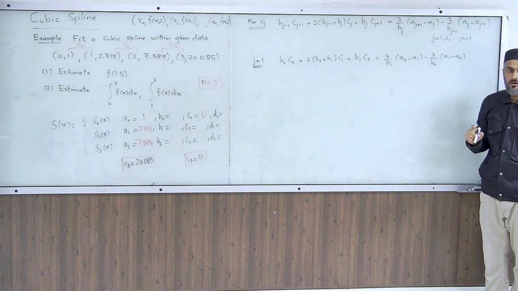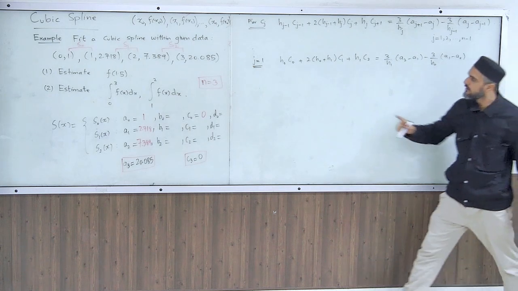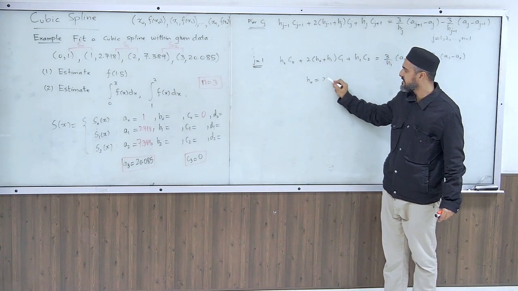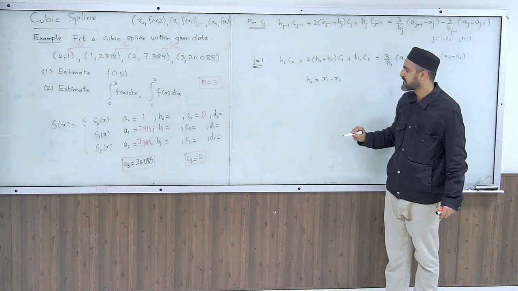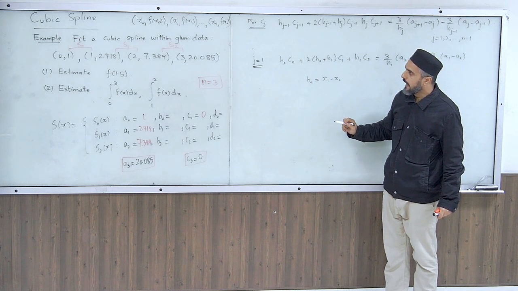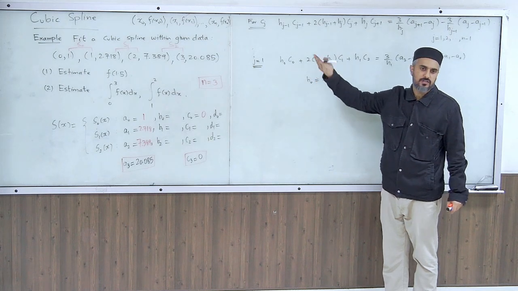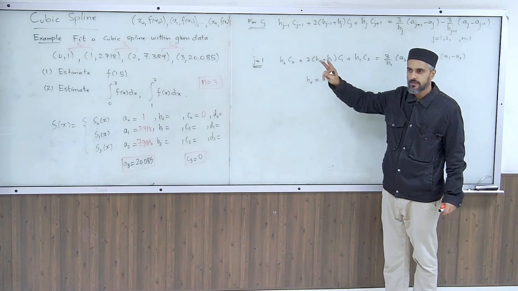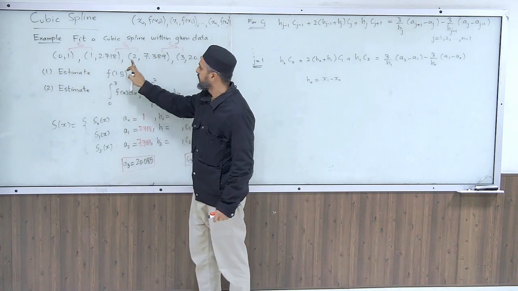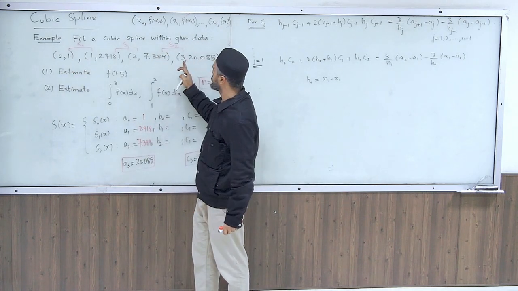Now, what is the value of h0? h0 is x1 minus x0, so h0 is the difference between the first 2 points, which is 1 minus 0. h1 is 2 minus 1. h2 will be 3 minus 2.